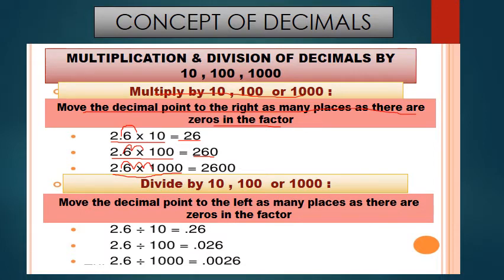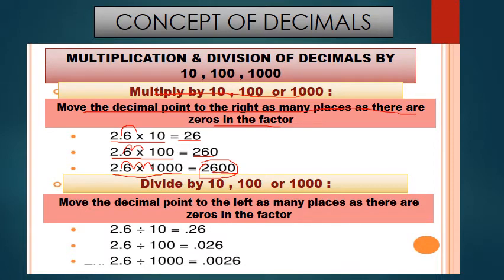So we place two zeros here, and 6 is after the decimal point. So we have three places after the decimal point because the decimal point is after the 2. So when we multiply 2.6 by 1000, we move the decimal point three places to the right. So the answer we will get is 2600.